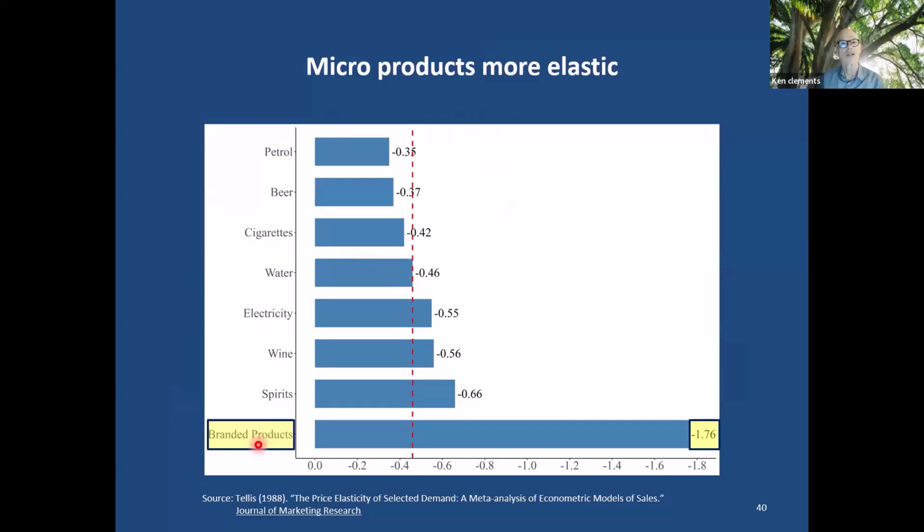The elasticity of demand for one brand of beer, of course, is pretty high because drinkers could substitute away from that brand of beer to another brand of beer. So it comes as no surprise that this meta-study of demand elasticities for branded commodities is nowhere near minus a half. It's closer to minus 2.